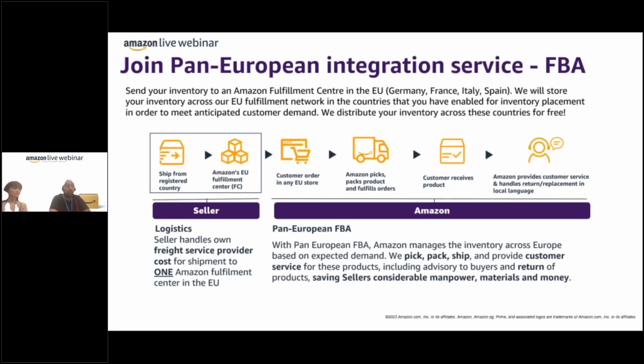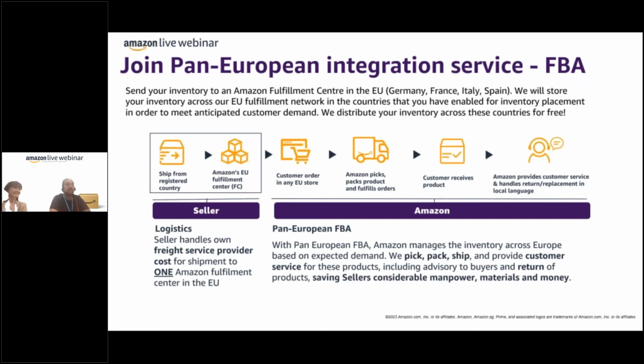We distribute your inventory across these countries for free. Number 2, we provide fast delivery with the Prime badge. Again, you get Prime eligibility once you are on Pan-European FBA.